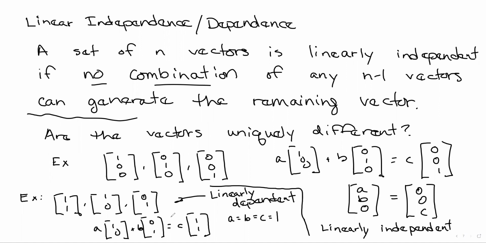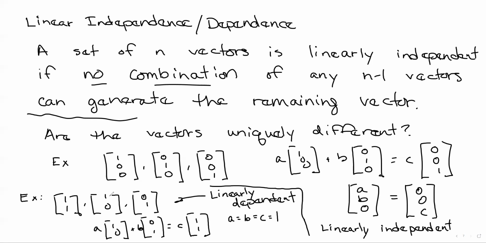You can think of this geometrically, which might help, in terms of directions. The question is, are you pointing in different directions? If you look at these vectors, this vector points in the x direction, this is in the y direction, this is in the z direction. Those are completely different. This vector points in x, this vector points in y, and this vector points between the two.